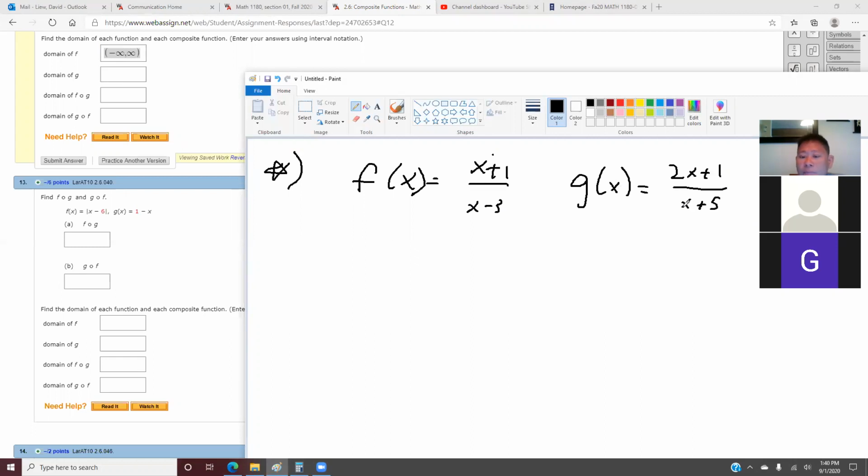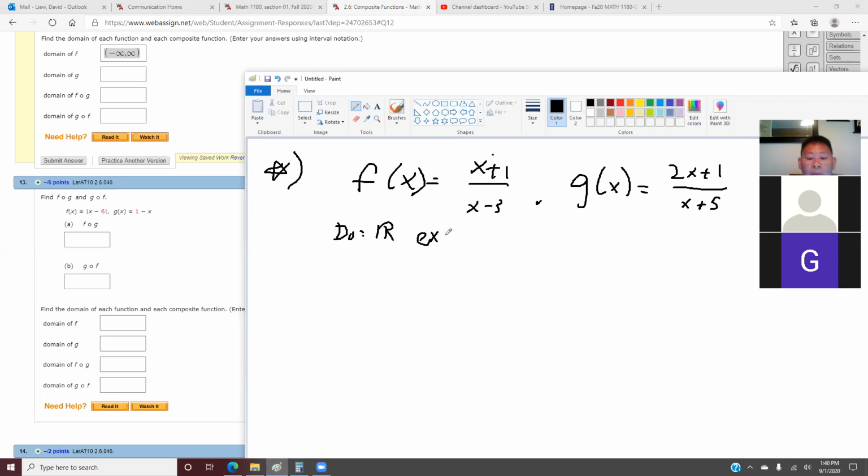Just an example. Now, this domain is no longer all real numbers. It's because of the fraction, like what you just did on 2.6 earlier that you asked me about. So your domain for this is all real numbers except what?